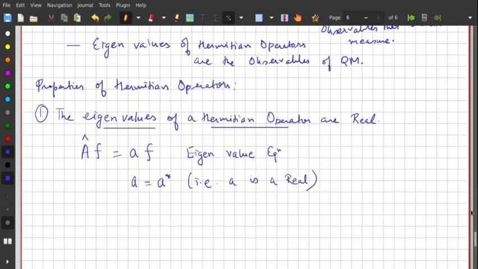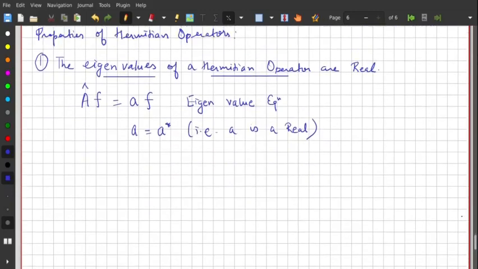It's not a complex number. It's a purely real number. A number whose complex conjugate is the same as the number itself is a real number. So we know that A is Hermitian, correct?